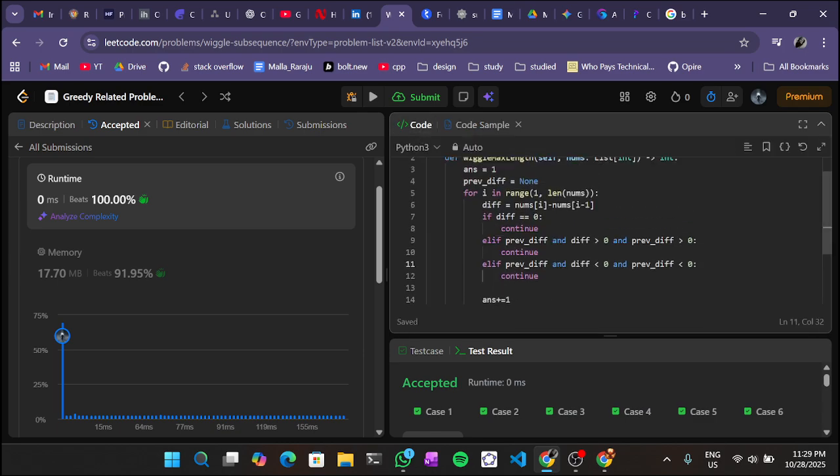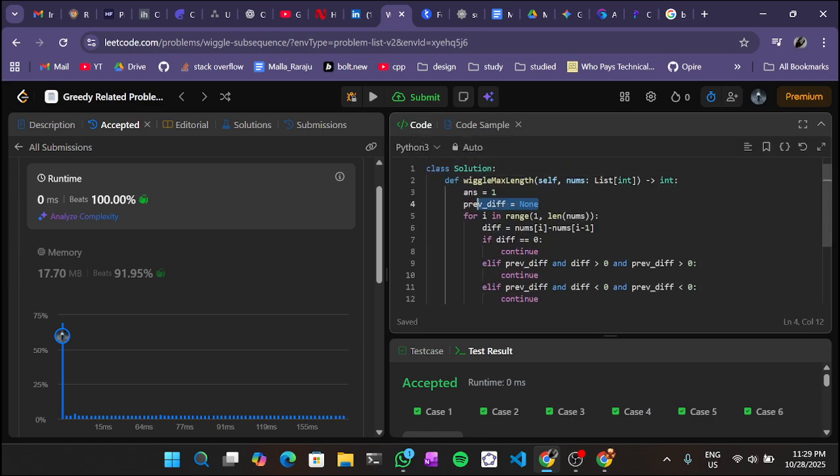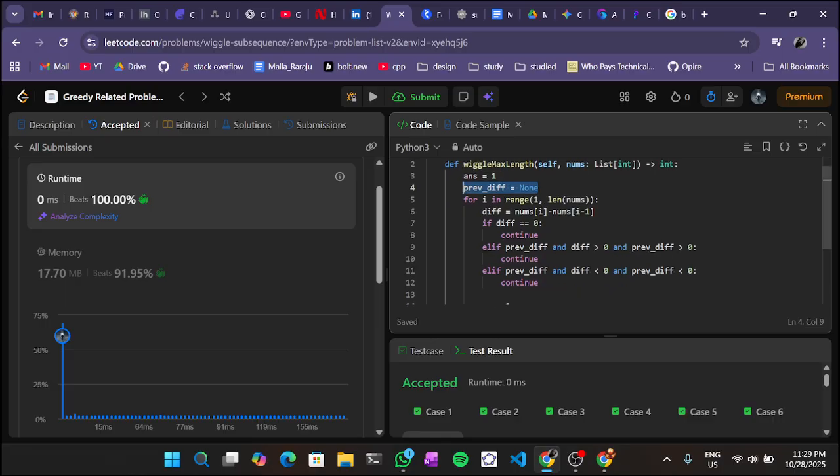Mine is much simpler. What we are doing is we initialized answer to 1, and previous difference is none initially, because initially we'll have only one value and we cannot see a difference with one value, we need two values.